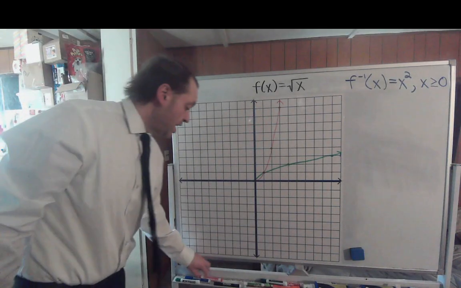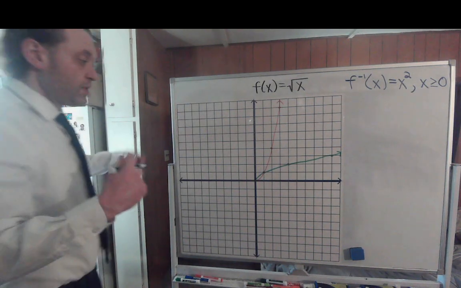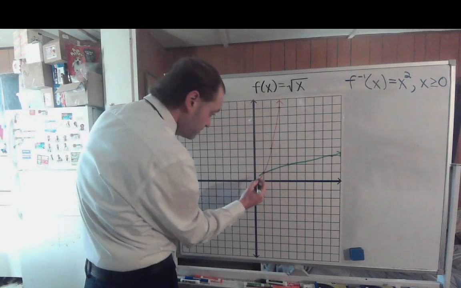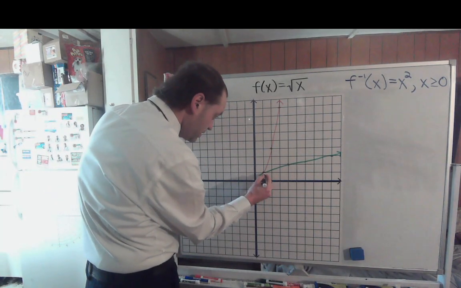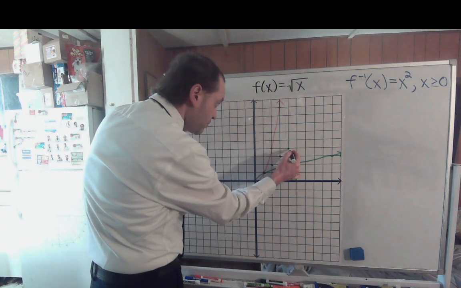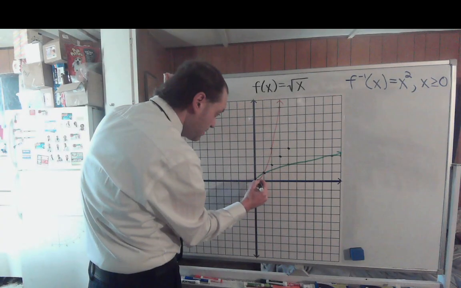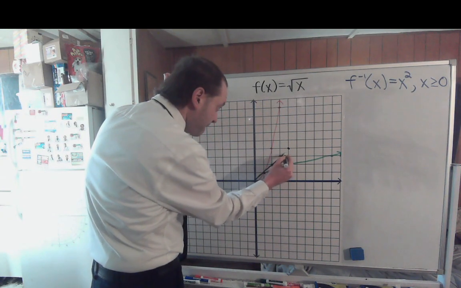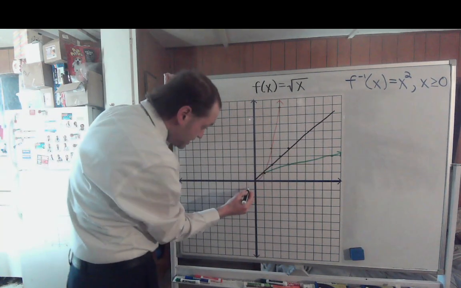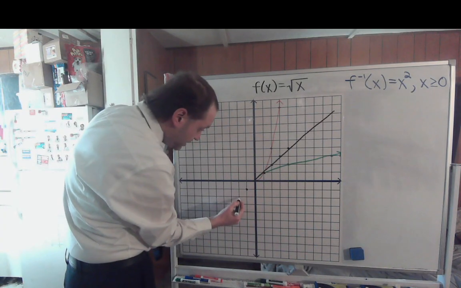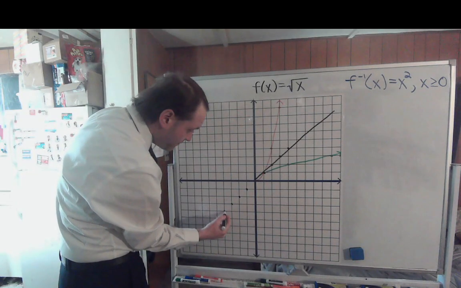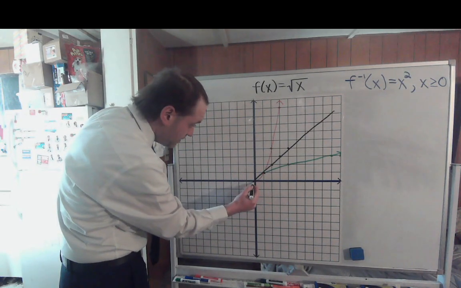Now, I'm going to draw the line y equals x. So 0, 0, you got 1, 1, 2, 2, 3, 3, 4, 4, and so on. Negative 1, negative 1, negative 2, negative 2, negative 3, negative 3, negative 4, negative 4, and so on.